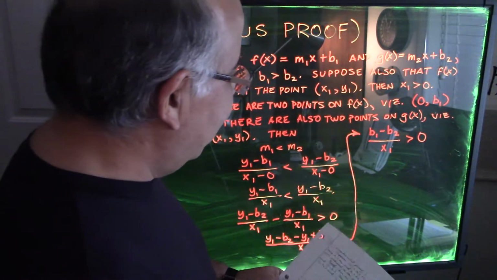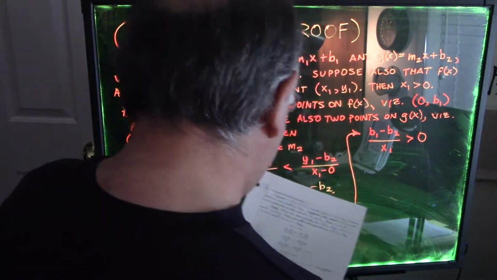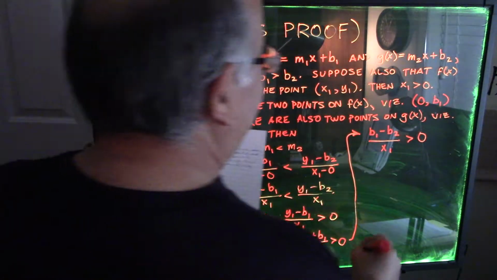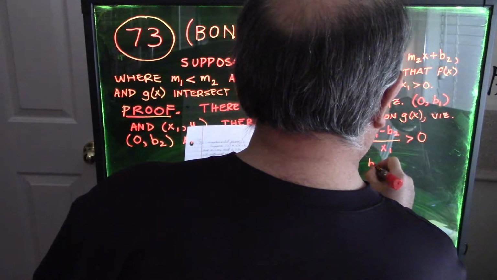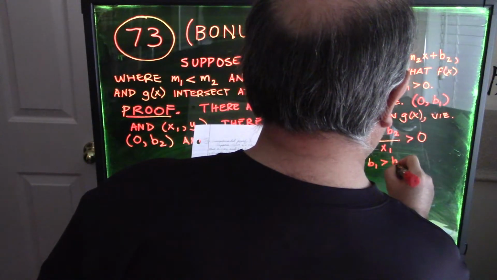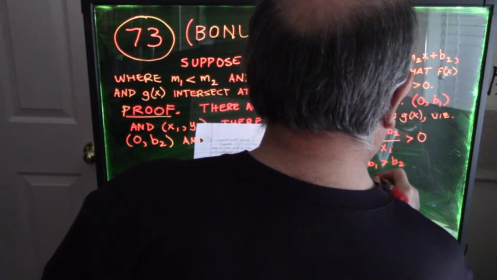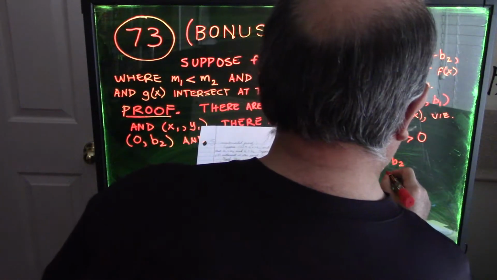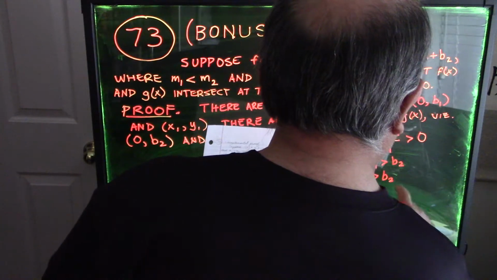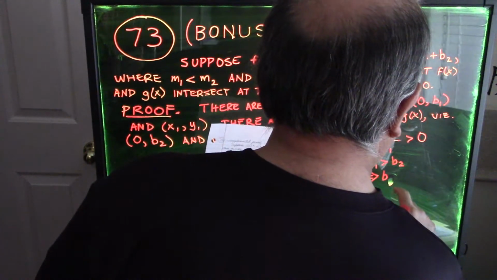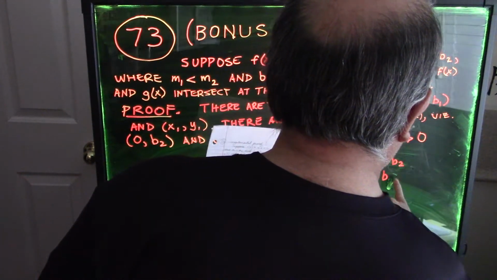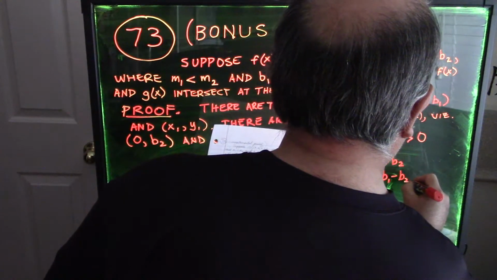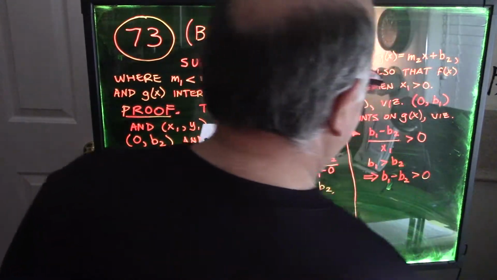However, what about b1 and b2? We already said that b1 is greater than b2, and so that implies that b1 minus b2 is positive, or greater than 0.